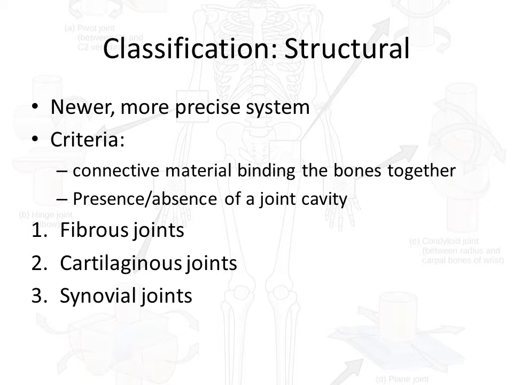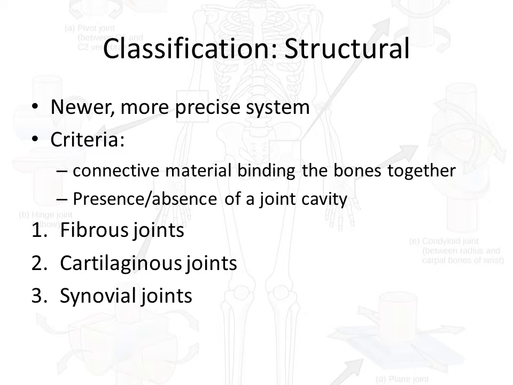The criteria that we use to classify these different types of joints are based on the connective material binding the bones together, and then also the presence or absence of a joint cavity. So the three types of joints within this classification are the fibrous joints, cartilaginous joints, and synovial joints.